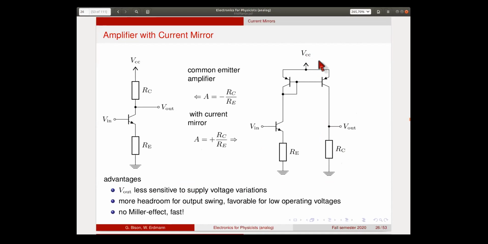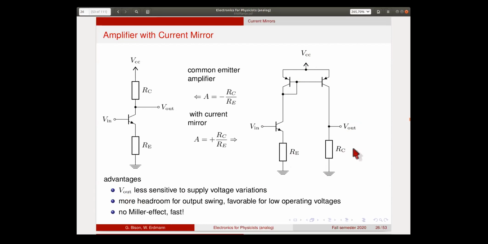If you change the supply voltage, it does not change the current here, only through the early voltage of this transistor. But the main effect is that the current is set by this transistor and the resistor. And this current is mirrored here, also independent of the supply voltage. So your output does not change with your supply voltage, which is good.